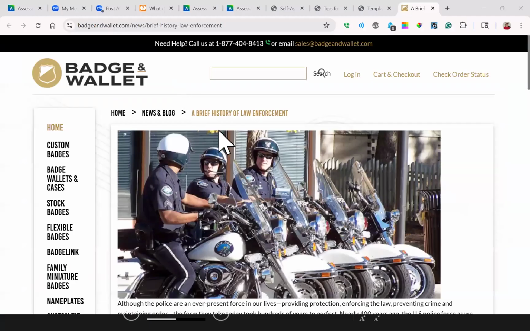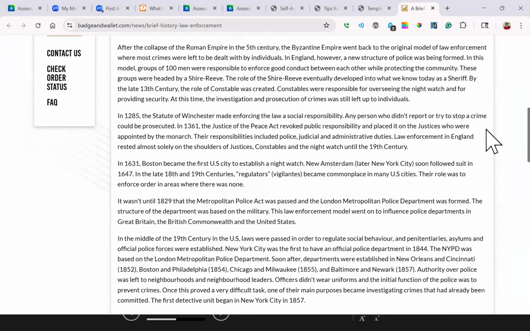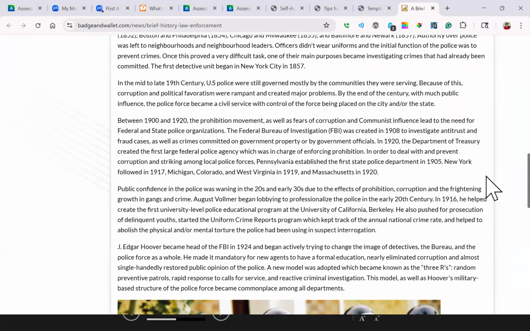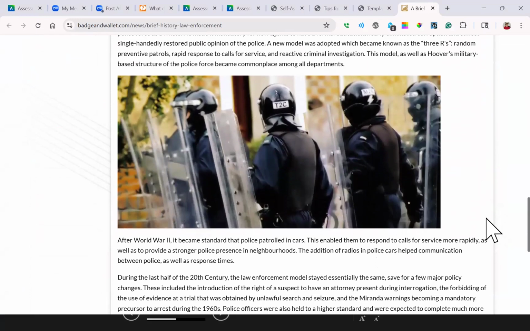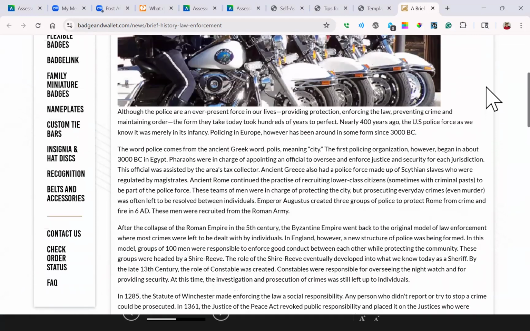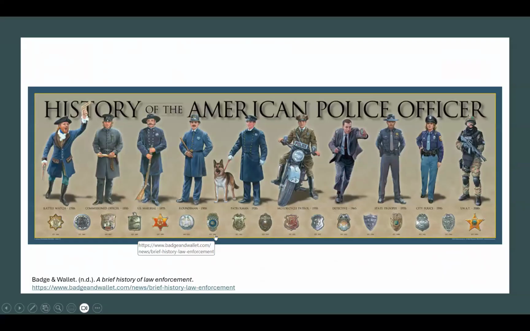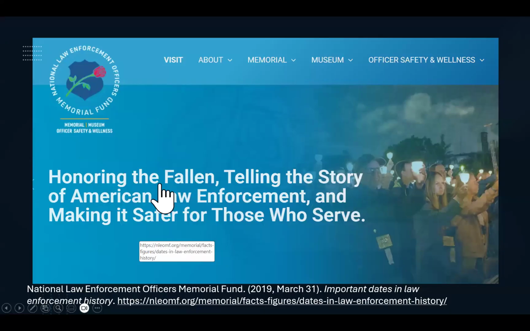This is the link to a brief history of law enforcement. If we scroll down, you can see that you may find information that you like. Okay, and we're going to go back to the PowerPoint. The next source that you might like is Honoring the Fallen.